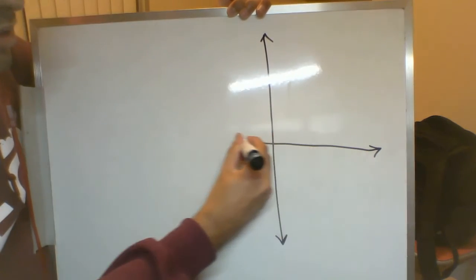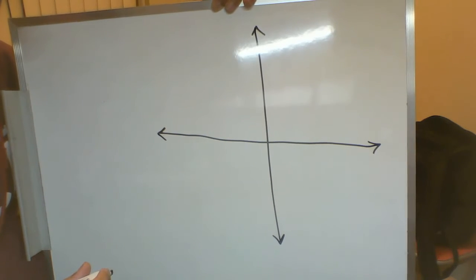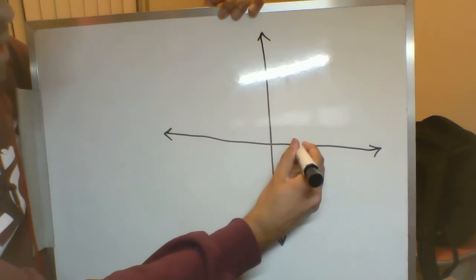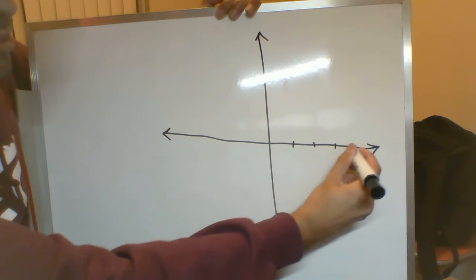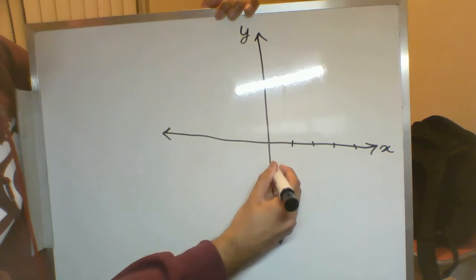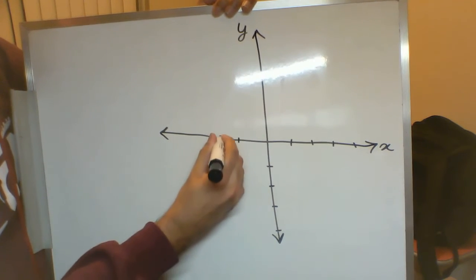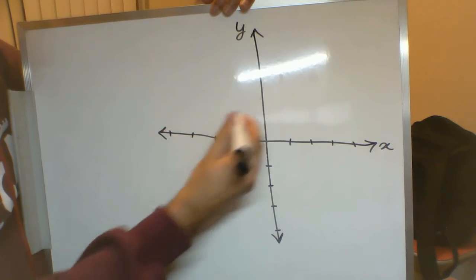So we're going to have to draw this out, as we always do. Hopefully that's roughly horizontal. That's good enough. And we're not going to need a whole bunch of tick marks. 3 or 4 should do. X over there, Y up there. 1, 2, 3, 4. 1, 2, 3, 4.